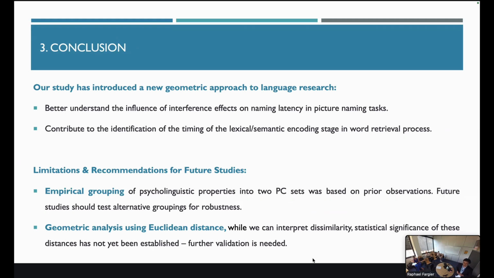And second, with the geometric analysis using the Euclidean distance that I introduced, we can interpret the dissimilarity between models, but the statistical significance has not yet been established. So future validation of this method is also needed.